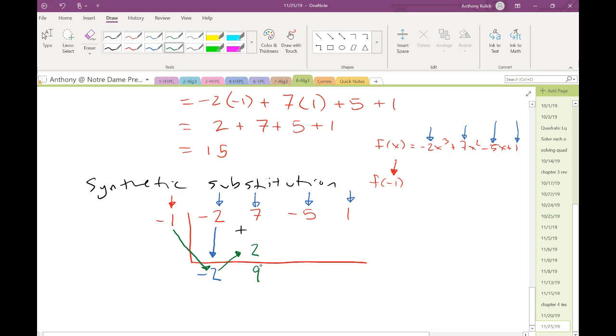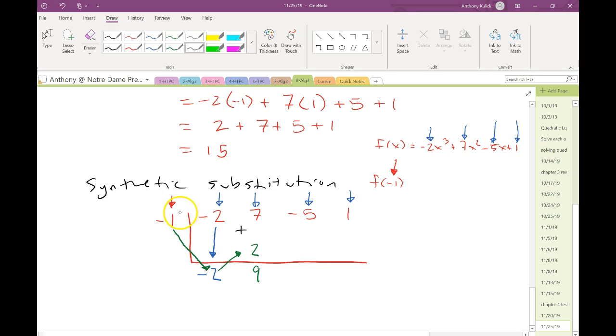Is everybody okay with that? Harley? Well, negative 1 times negative 2 is positive 2, right? So the negatives cancel each other out, so to speak.